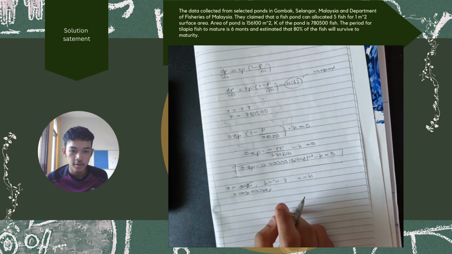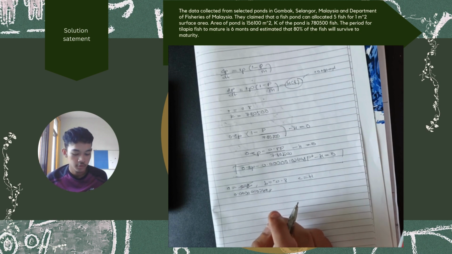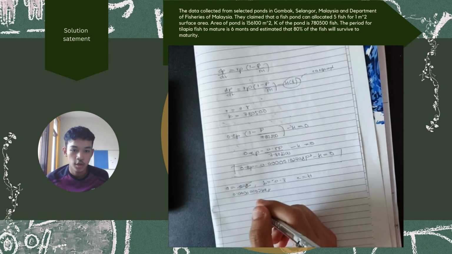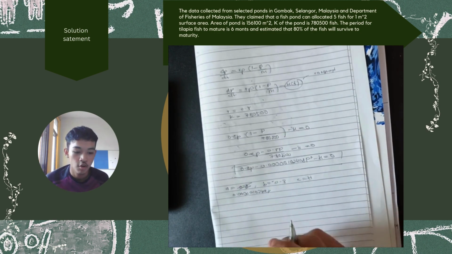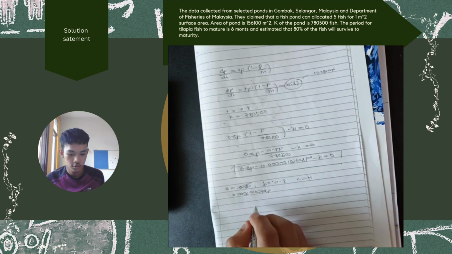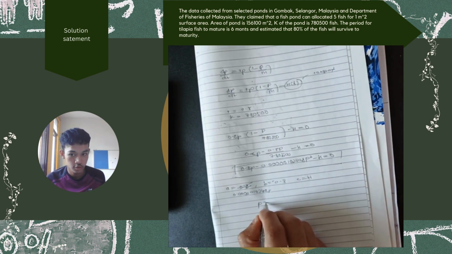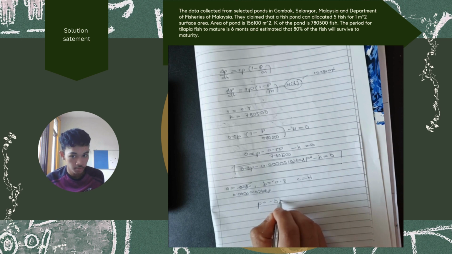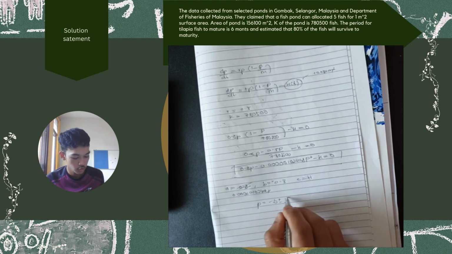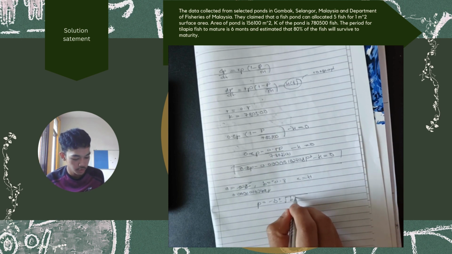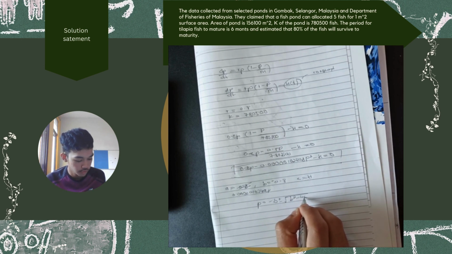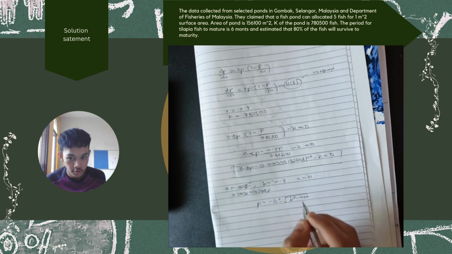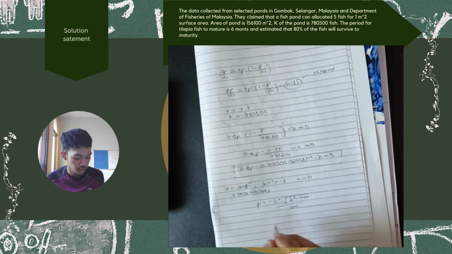So we can use the quadratic formula to find the value of P. P = (-B ± √(B² - 4AC)) / 2A.